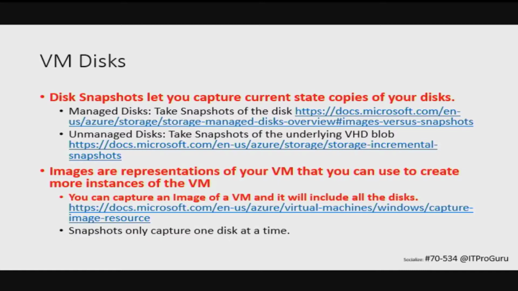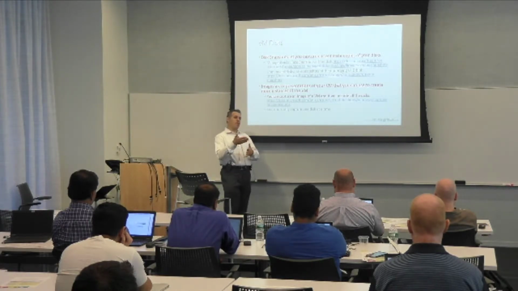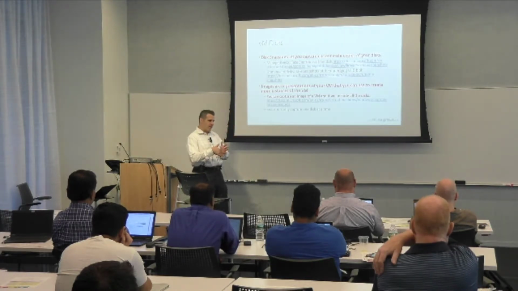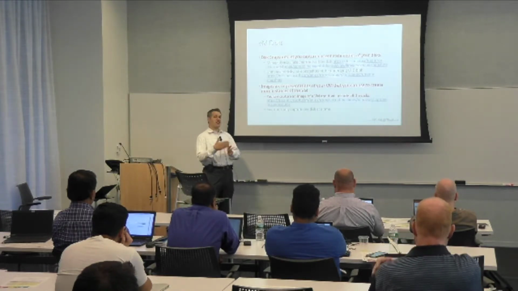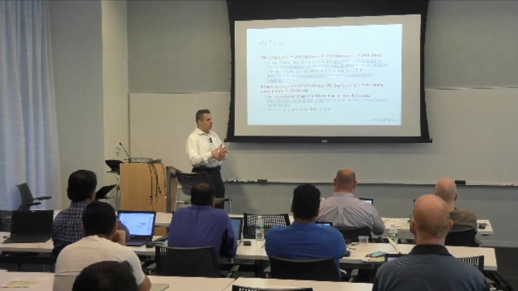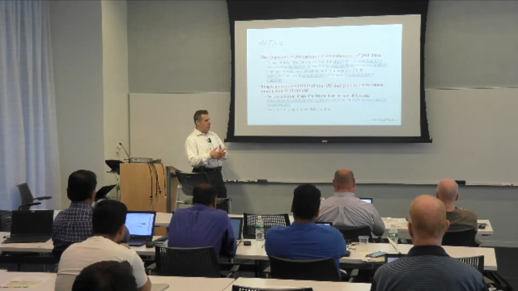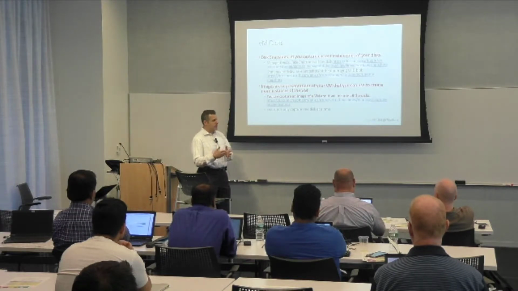When you use standard storage, you are actually taking a backup of the underlying blob that the disk is stored in, and that lets you do incremental snapshots as well. With managed disks, you can only take a snapshot of the disk. You can't do incremental yet.